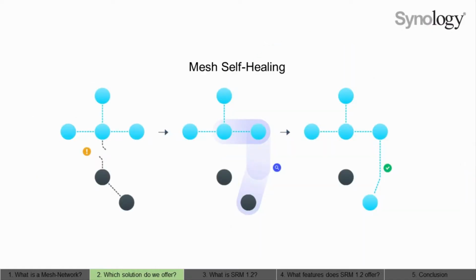So mesh self-healing basically works in a way that, for example, if you have your mesh router set up and all connected within one network, and for some reason one of your routers actually disconnects from the rest of your network, you actually lose signal and your network starts breaking. So for example, look at the picture on the left.